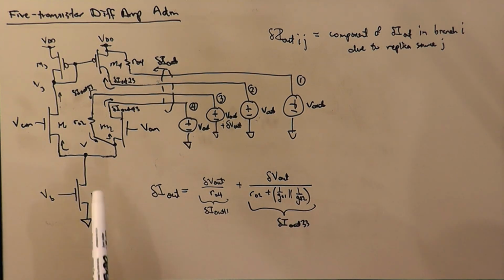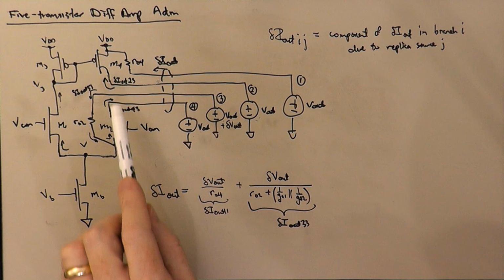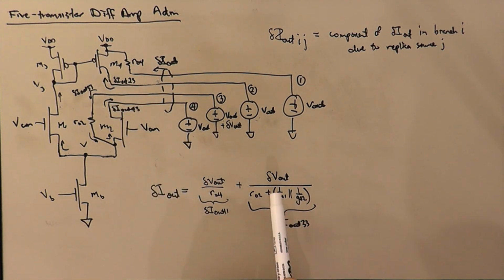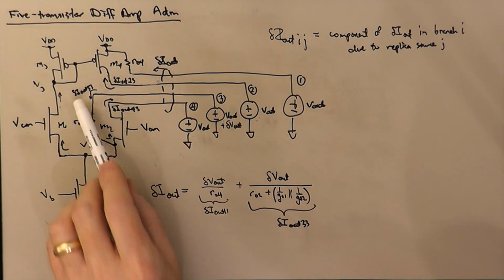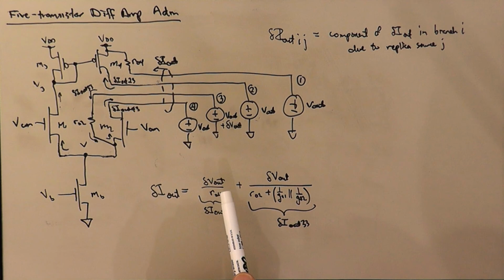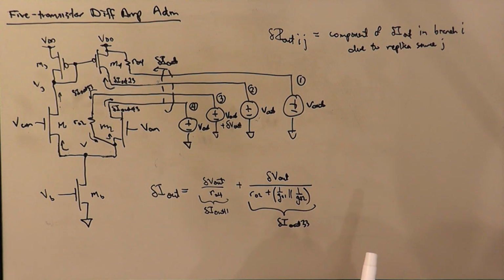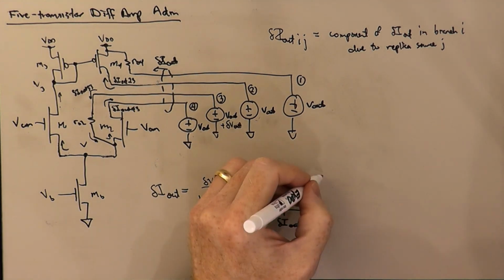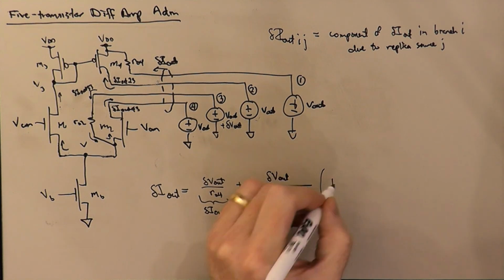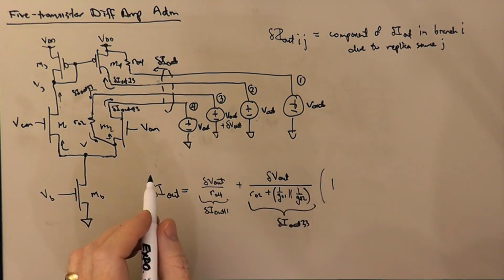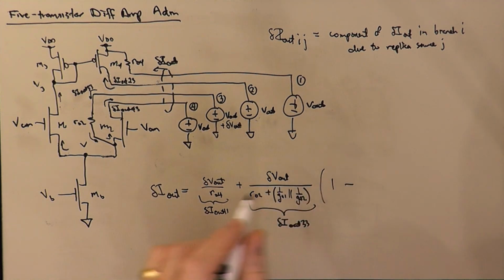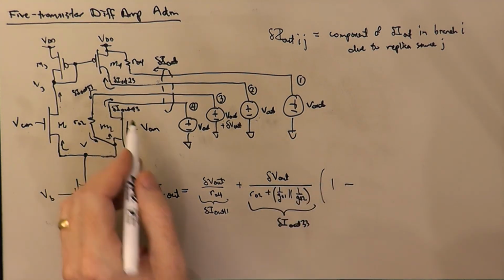We can, if we like, recognize that these two currents, the delta I out 2,3 and the delta I out 4,3, are each going to be proportional to the delta I out 3,3. It's going to be delta I out 3,3 times some current divider ratio. And then this one will be the delta I out 3,3 times this other current divider ratio. And so we can pre-factor out the delta I out 3,3 if we recognize that they're both going to be proportional to that. And so we can basically write parentheses 1, in this case minus the current divider ratio that gets us the delta I out 4,3.